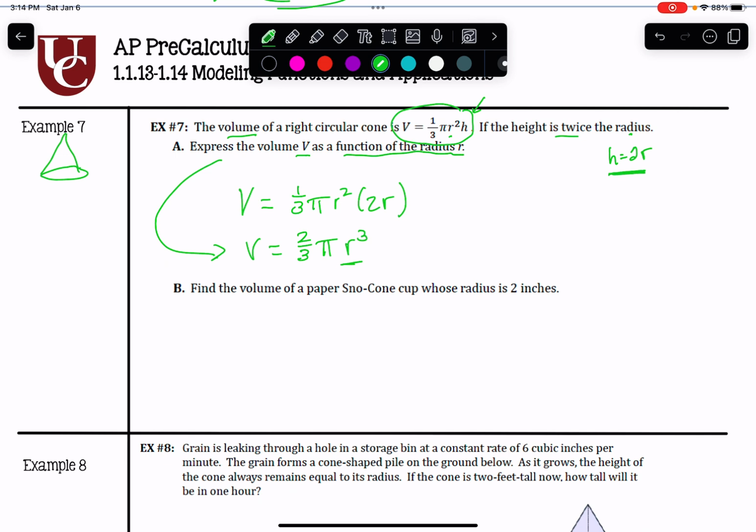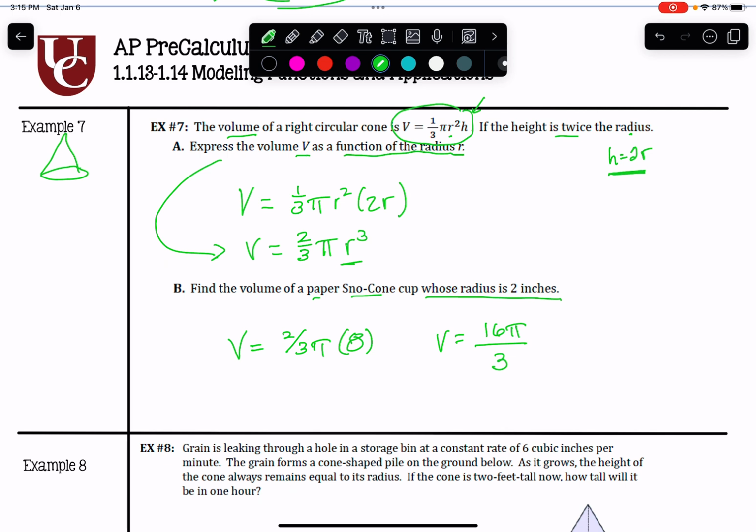Now it says find the volume of a paper snow cone cup whose radius is 2 inches. Using that formula, we just go in V equals 2/3 pi, and radius is 2 cubed is 8. So we have V equals 16 pi over 3.